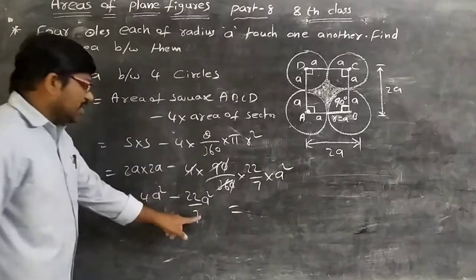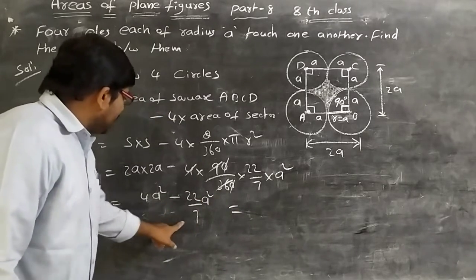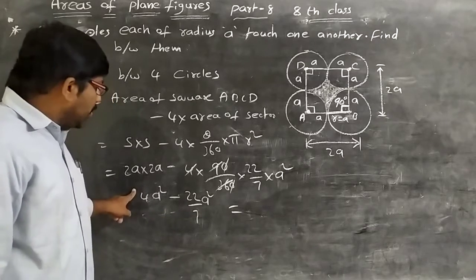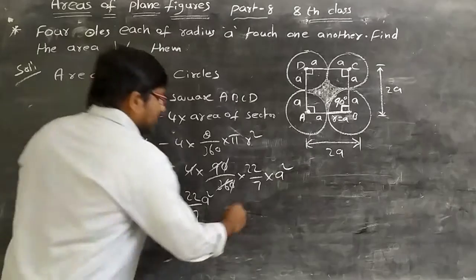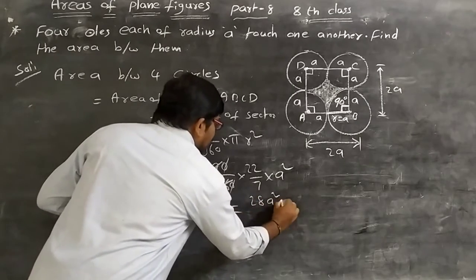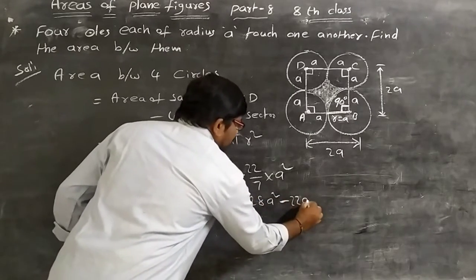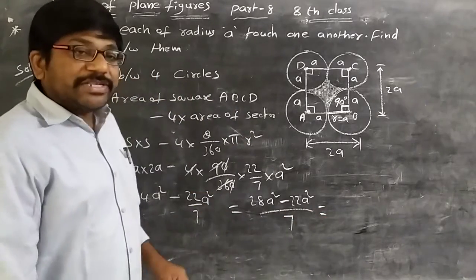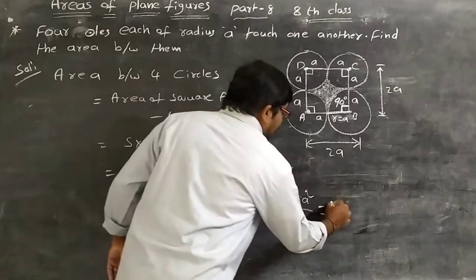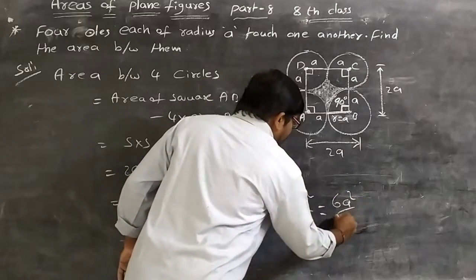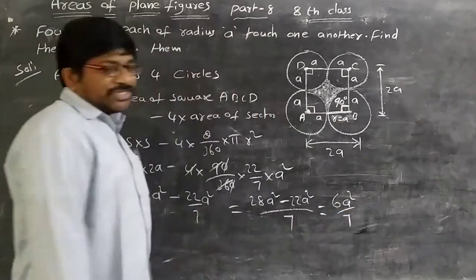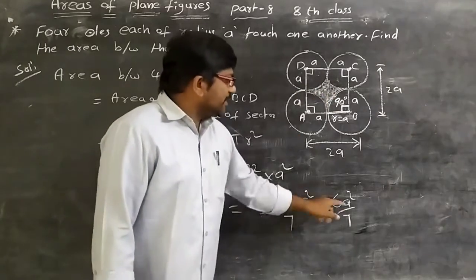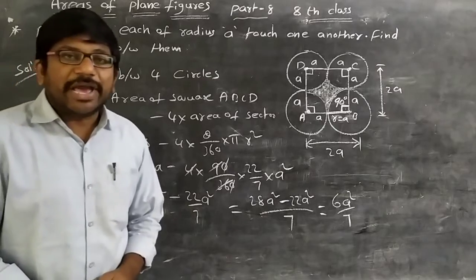Now simplify this like a mixed fraction. 7 fours are 28, so 28 a square minus 22 a square by 7. That is equal to 28 minus 22, 6 a square by 7. Right? So that is the area between 4 circles, 6 a square by 7.